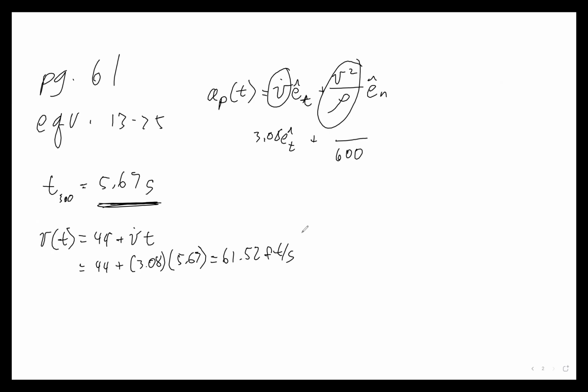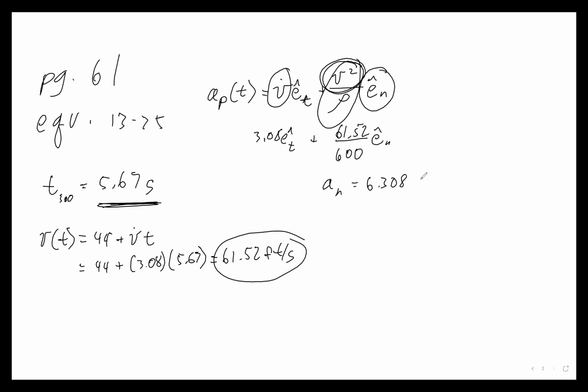Then we can put that velocity value of 61.52 feet per second into this velocity squared term, divided by the radius of curvature, and that will give us our normal acceleration. That means our normal acceleration is going to be 6.308 feet per second squared.